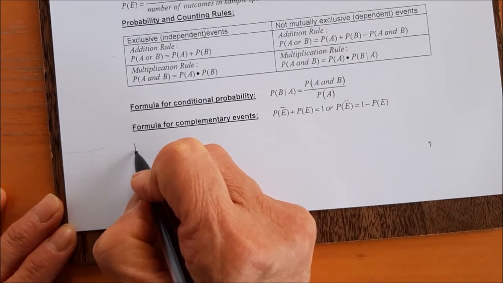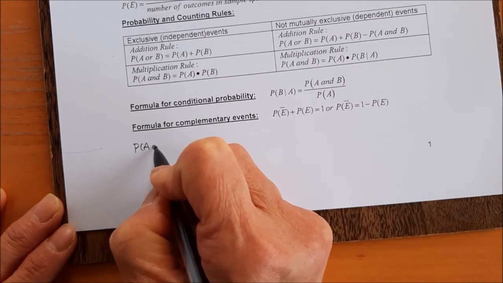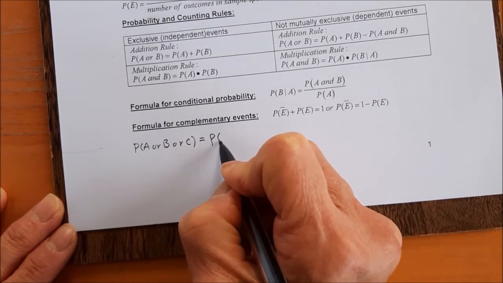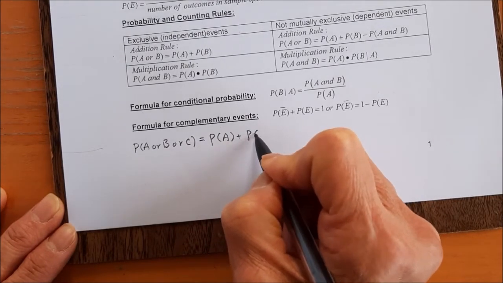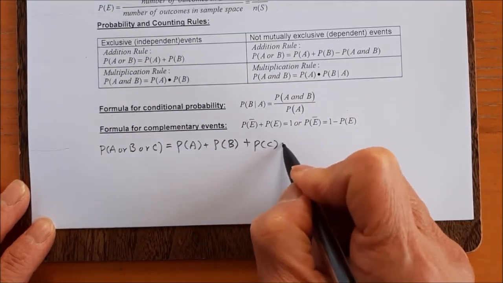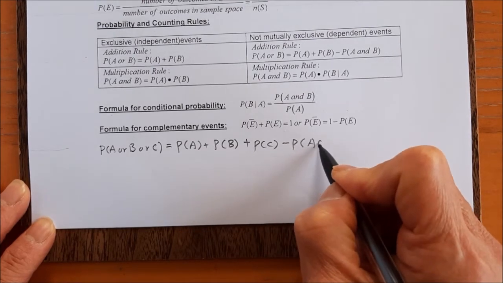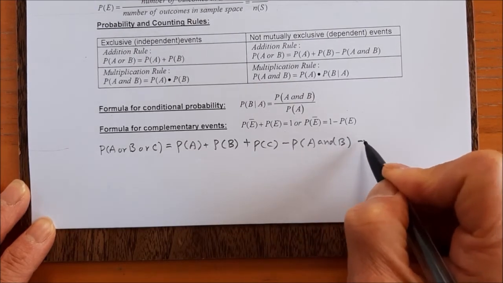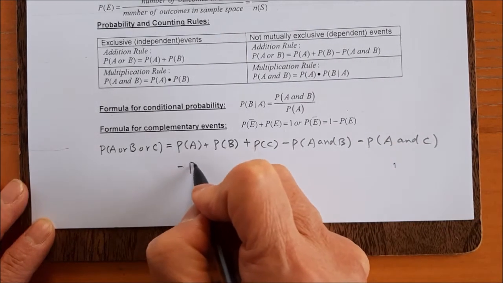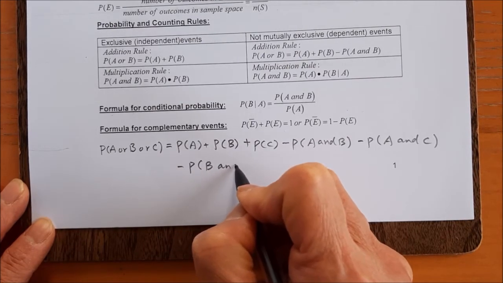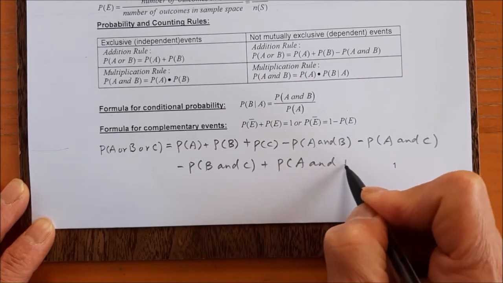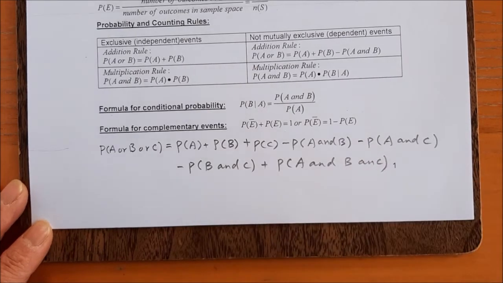The formula is probability of A or B or C is equals probability of A plus probability of B plus probability of C minus probability of A and B minus probability of A and C minus probability of B and C plus probability of A and B and C.